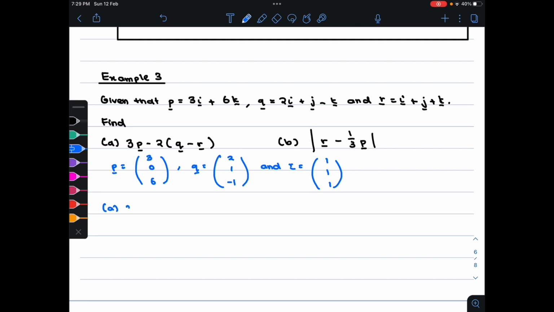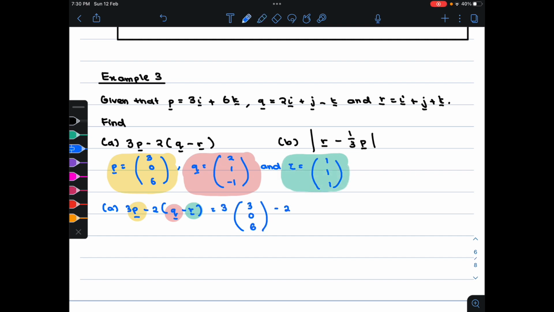Therefore, for part A, we need 3P minus 2 times (Q minus R). So I'm just going to substitute vector P, vector Q, and vector R. So just be careful that it is 2 times vector (Q minus R).